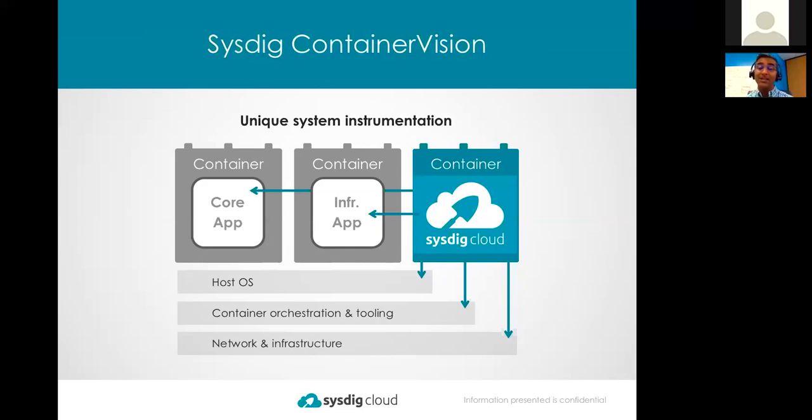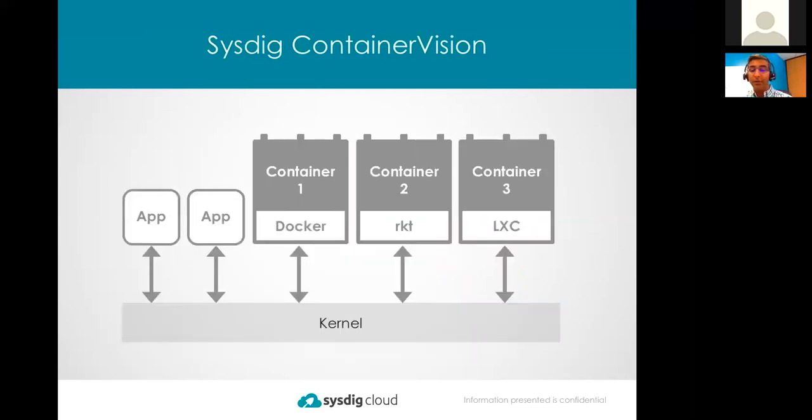Essentially, we can see inside these containers from the outside. This type of instrumentation means you can deploy a single Sysdig container per host and see everything running on that host. Let's go a level deeper, and hopefully I'll explain a little better how this works.